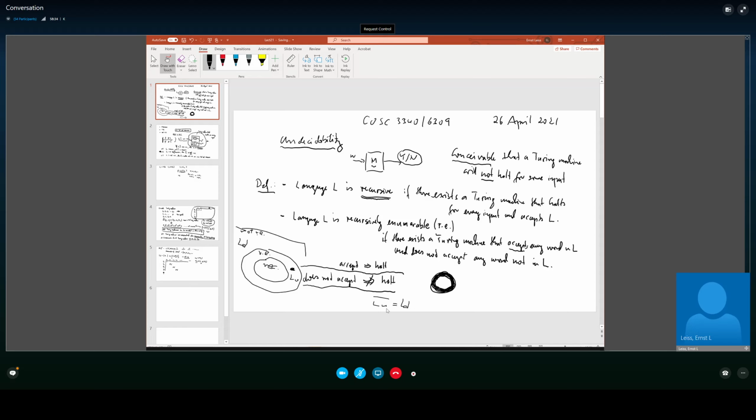Because if LU were recursive, then its complement would also have to be recursive. But since LD is not RE, the only way that these requirements can be satisfied is if LU is recursively enumerable, but not recursive.